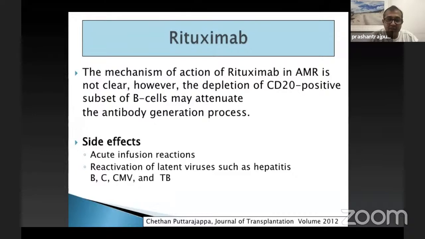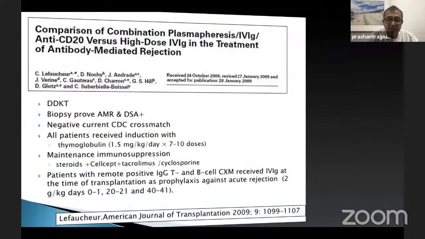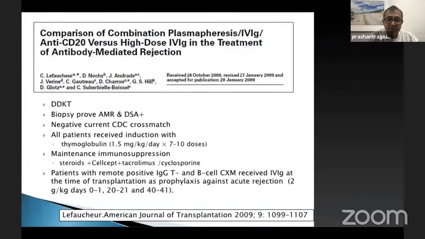As far as the combinations are concerned, the best combination is plasma exchange with IVIG and anti-CD20. So this was a study of deceased donor kidney transplants. The patients were proven to have AMR with positive DSA and a negative current CDC cross-match at the time of transplantation.